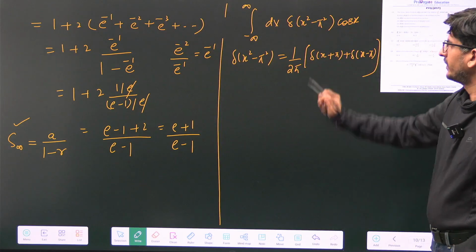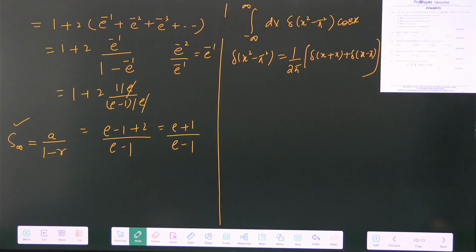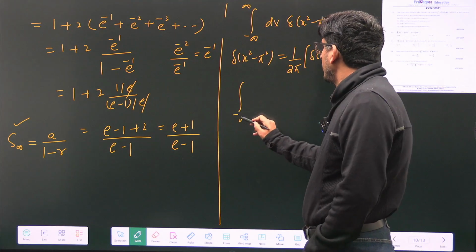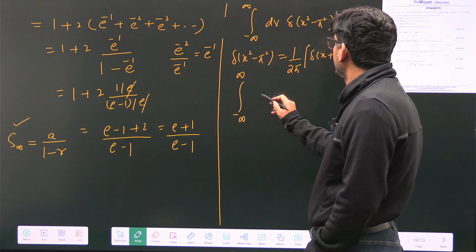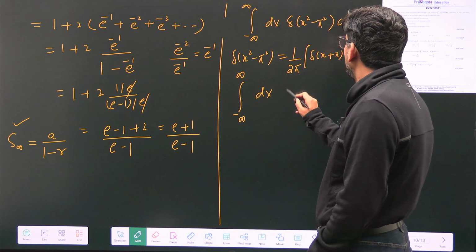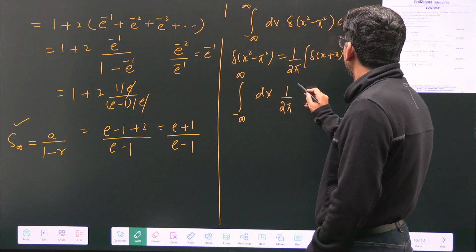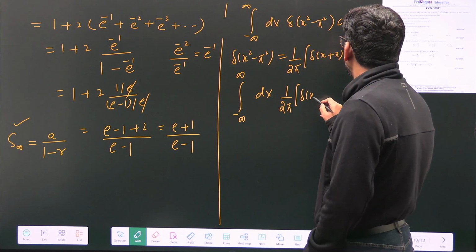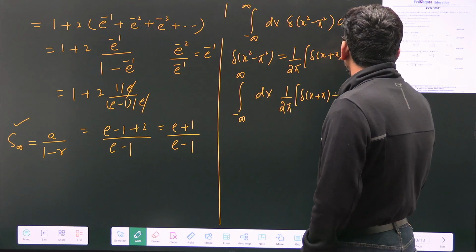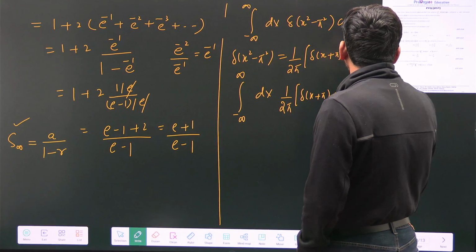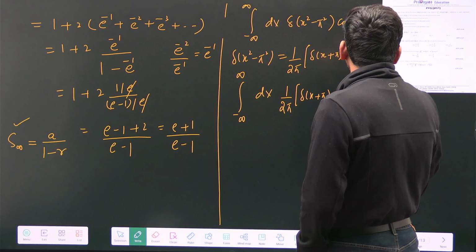By putting the function equal to 0, we get x equal to plus minus pi, and the derivative is 2x. So it will become the integral from minus infinity to plus infinity dx 1/2pi delta x plus pi plus delta x minus pi into cos x.